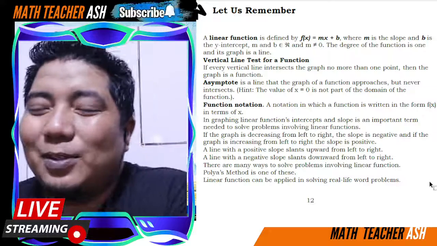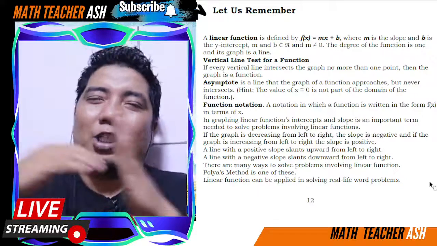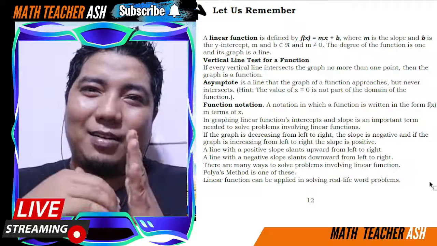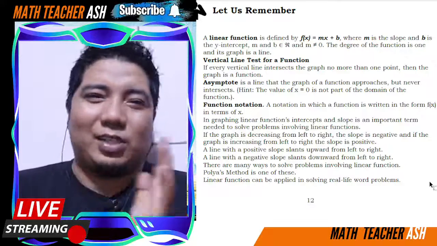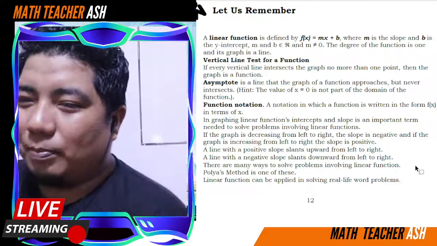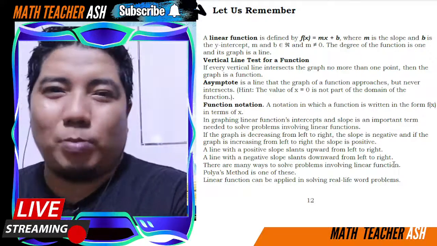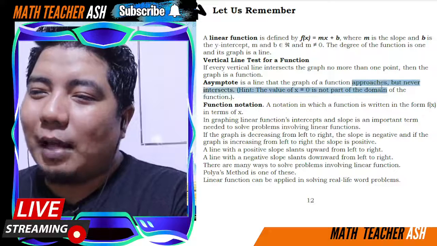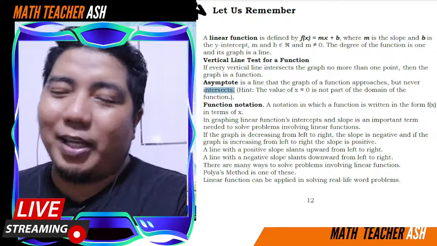Okay, so, hopefully, ito yung asymptote is parang attached na sana siya sa isang line or sa isang, let's say, isang axis, whether y-axis or x-axis, pero hindi talaga tumama. Yan ang what we call asymptote. Approach lang, pero hindi talaga tumama. O yan. Papunta, pero natorpe, hindi talaga nakapag-intersect.